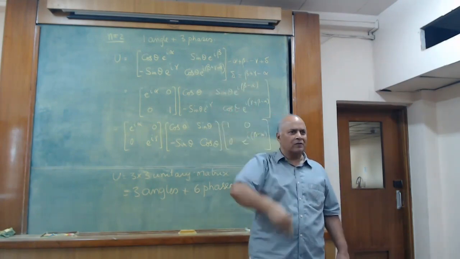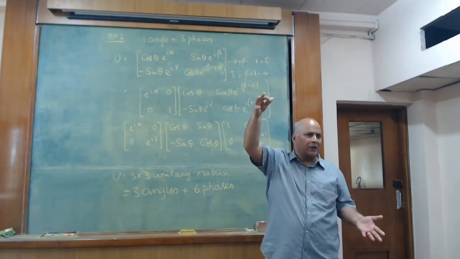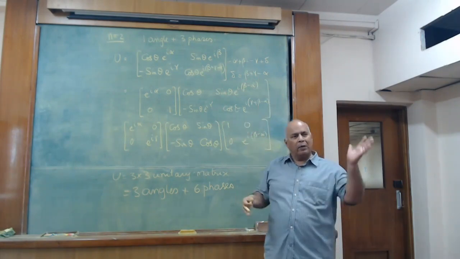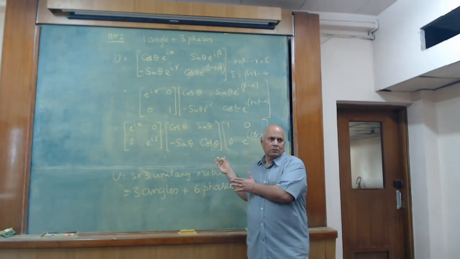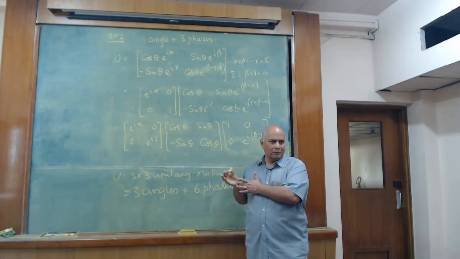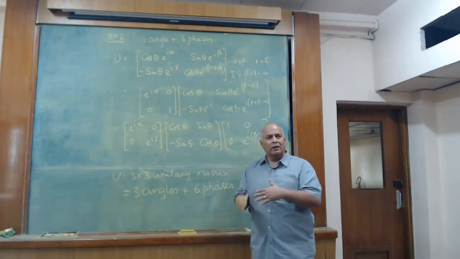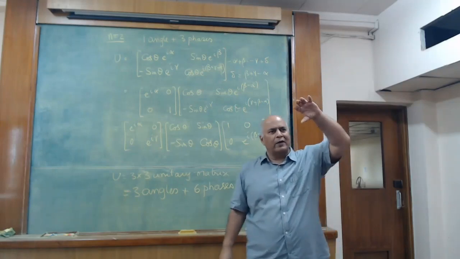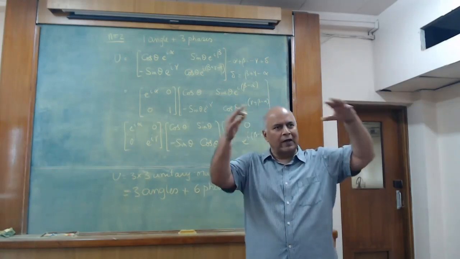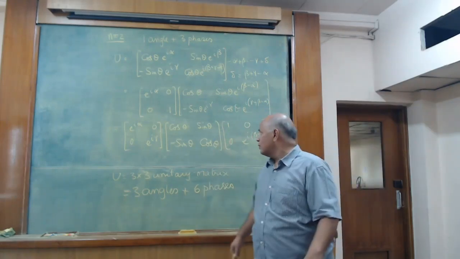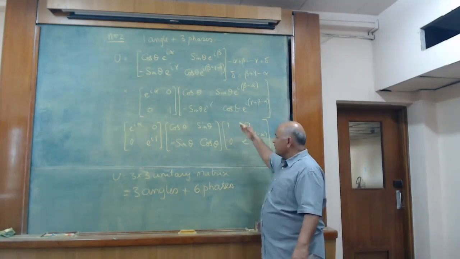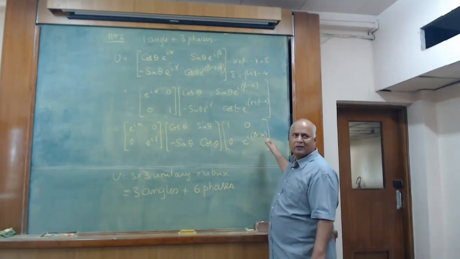The first element of the second column, the 1, 2 element, now it has some phase. I pull that out common from the second column. Similarly, the 1, 3 element is the top element of my third column. It has some phase. I pull it out. So, the right side matrix will be 1, some phase, some other phase.